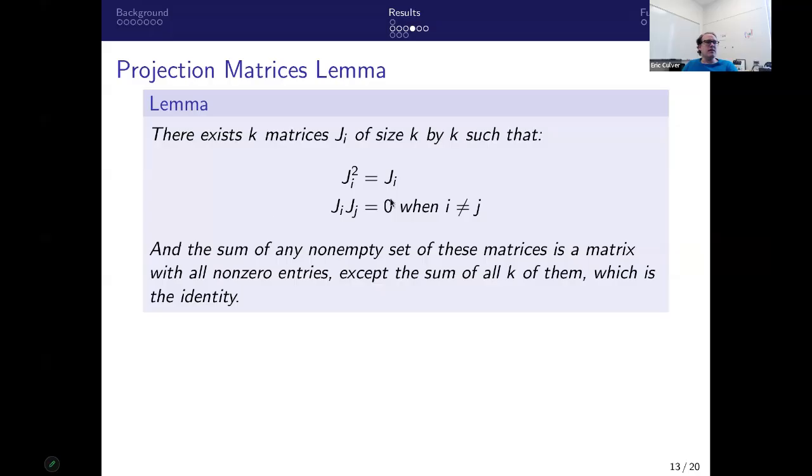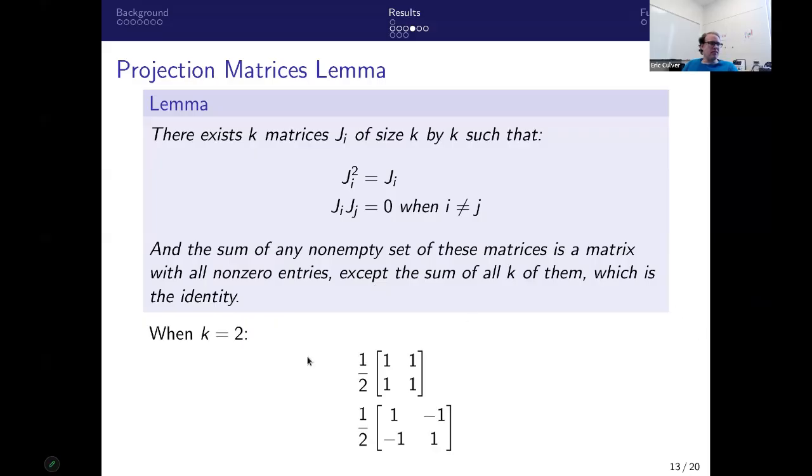Which is that there are these projection matrices, these J_i's, with these properties that they annihilate each other when you multiply 2 of them that are of different indices, you get the 0 matrix, and when you square any one of them, you get itself. But also the more important fact is that they all have non-zero entries, so that they have the right pattern.